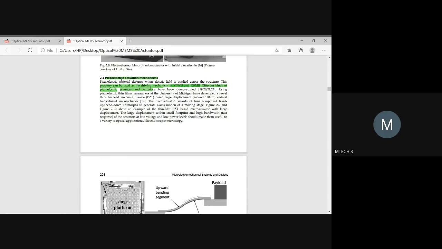To check this piezoelectric actuation, usually we go with devices made up of PZT, which is lead zirconate titanate thin film, right? If you develop a thin film of piezoelectric material, then you can go for developing a micro actuator. So what does this micro actuator consist of?